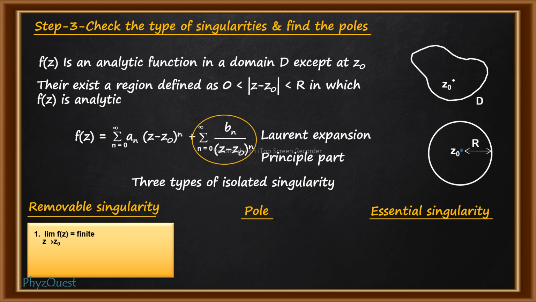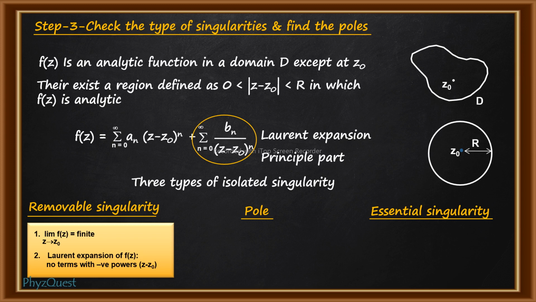Now another method is in terms of Laurent expansion. As I said, this principal part is important here, as it helps in classifying different types of singularity. So for removable singularity, in terms of Laurent expansion, there are no terms with negative powers of z minus z0.